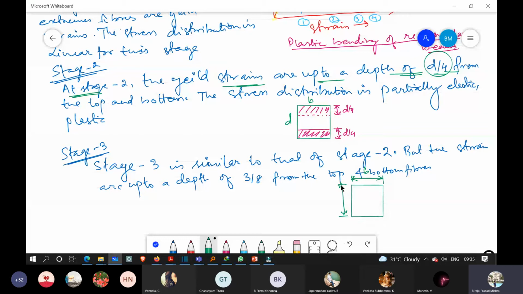These will be the values of strains: 3 by 8 D.